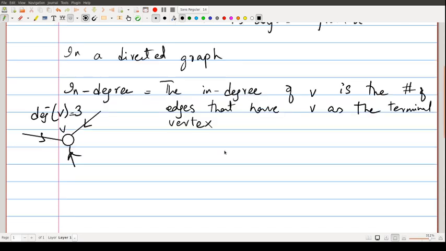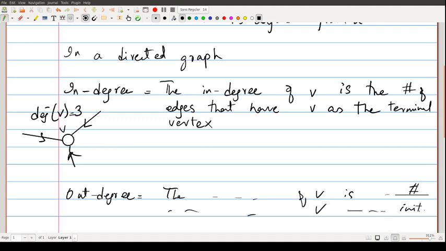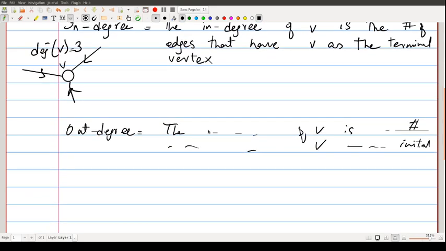And the out degree is a similar concept. You can guess what it means. The out degree of v is the number of edges that have v as the initial vertex. So same definition as above, except that in place of terminal vertex, these edges will have v as the initial vertex, right?